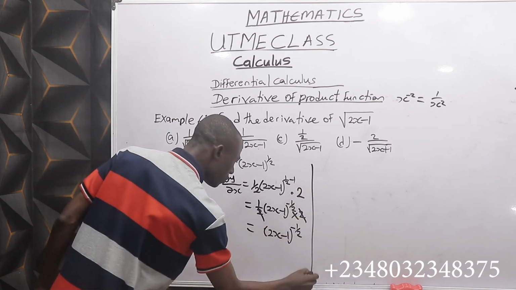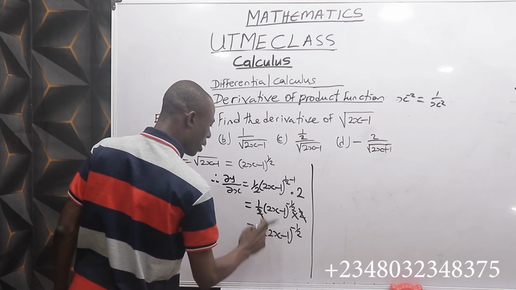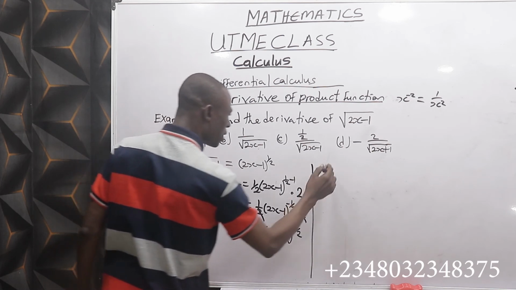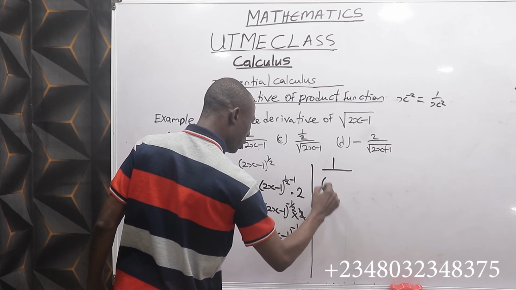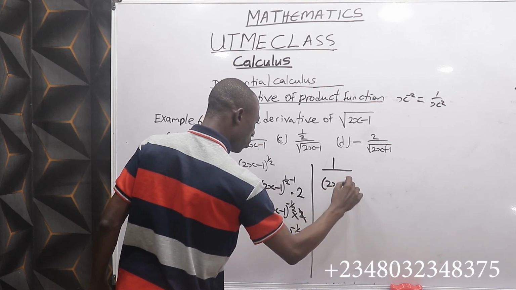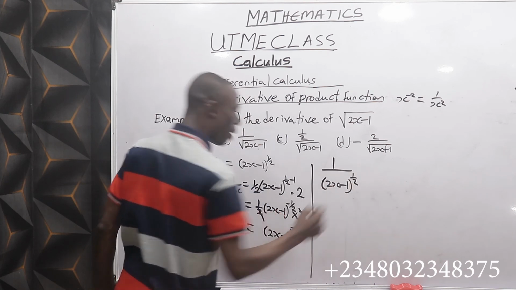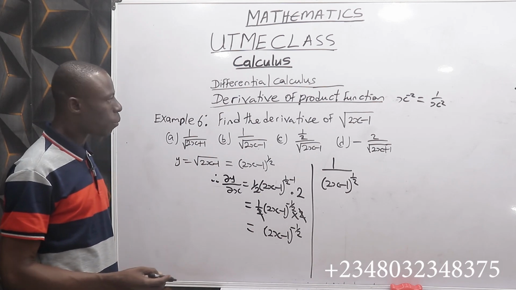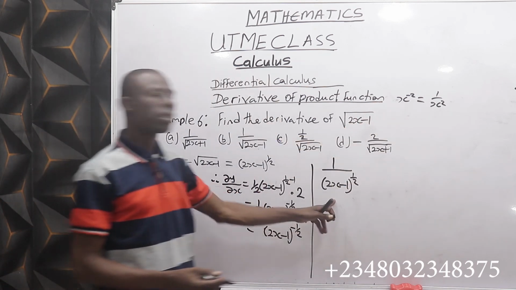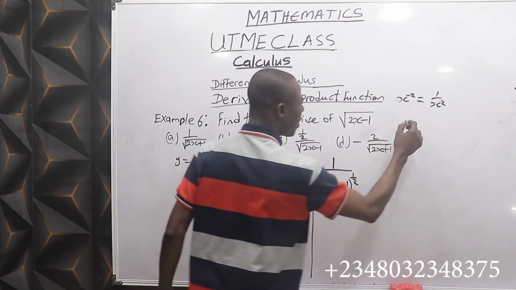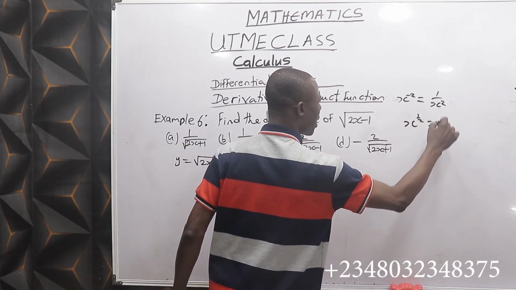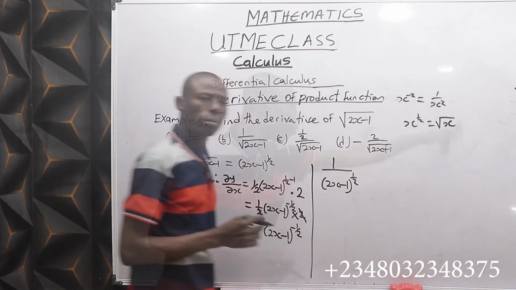This will mean 2x minus 1 in bracket raised to power minus half is the same thing as 1 over 2x minus 1 raised to power half. Is that okay? Just like this illustration. But remember, x raised to power half is the same thing as square root of x.